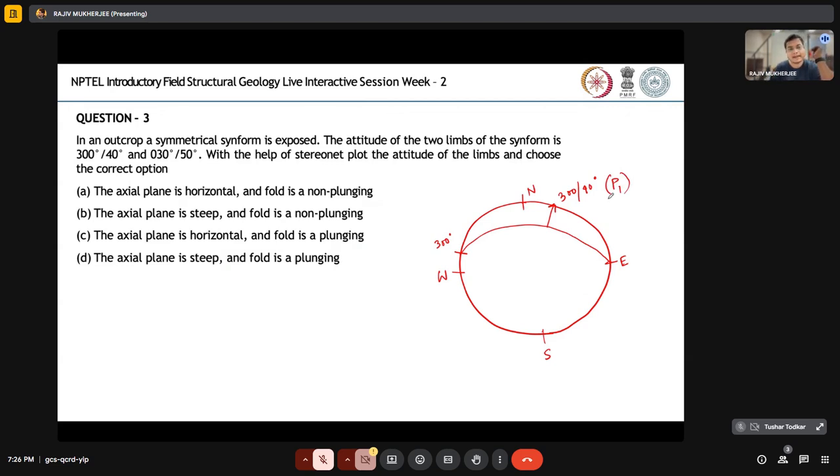And another plane is 030, 50 degrees. So if this is north, then this is around 030, I guess. And from there we should count 90 degrees like this, so we should go clockwise.